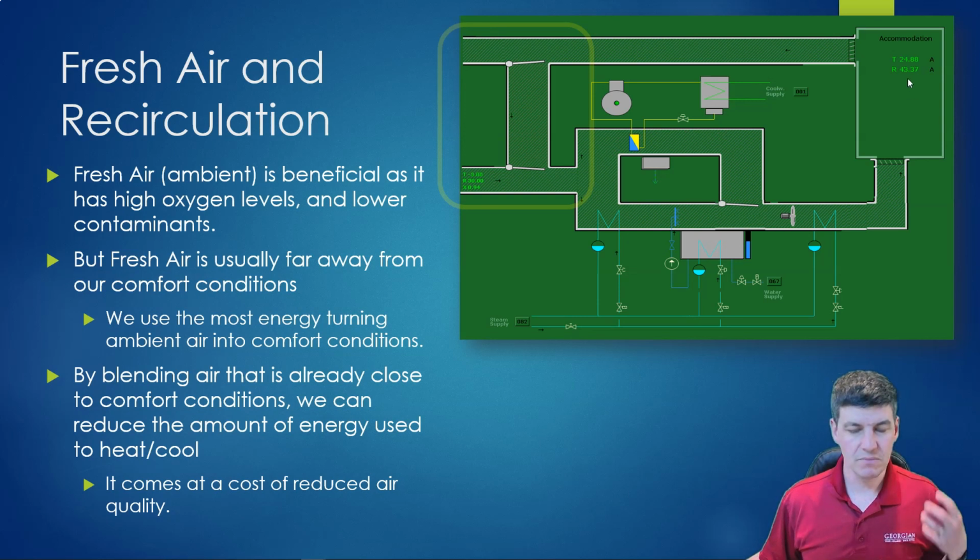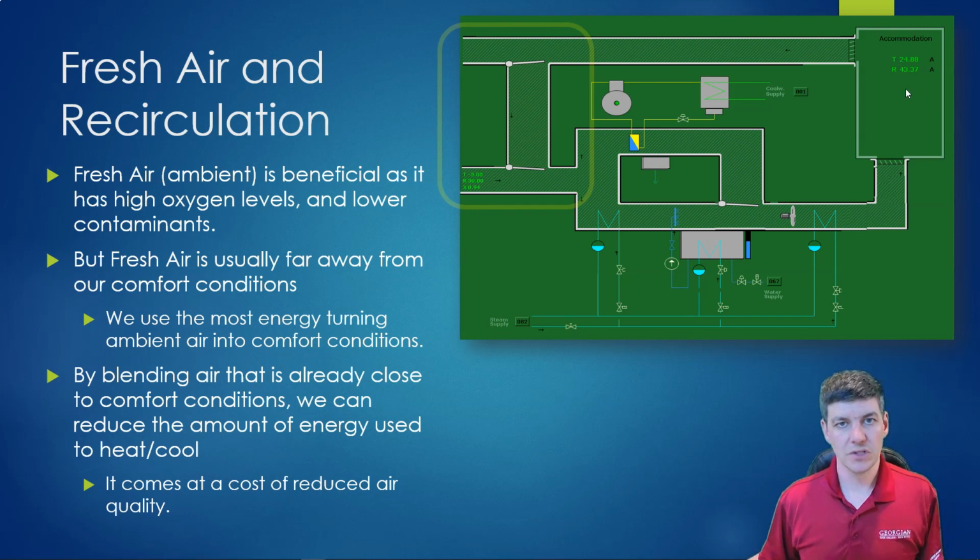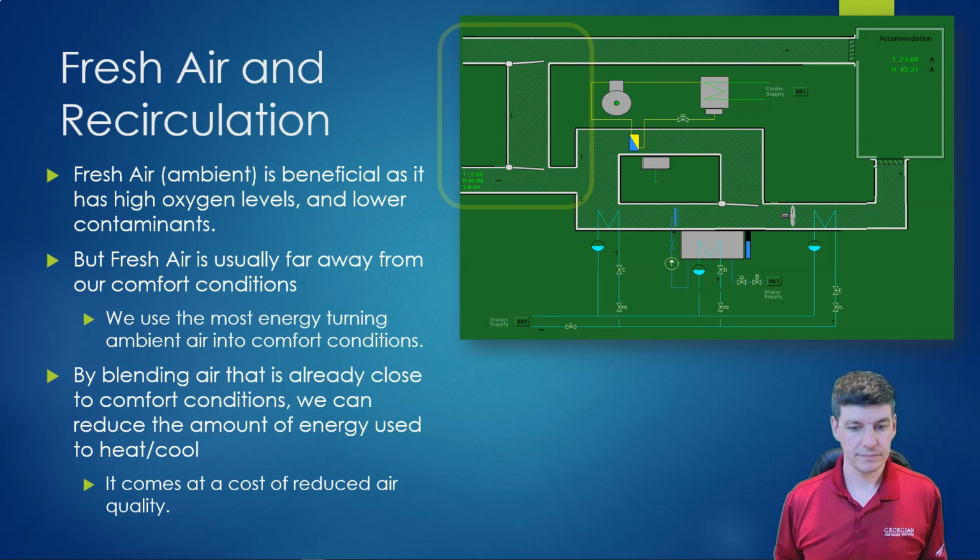And that's already pretty close to our comfort conditions. So in theory, we shouldn't have to expend as much energy in order to restore it back to its comfort conditions. It's already probably pretty close to begin with. And so we typically have a recirculation pathway in some of these systems in order to try to blend the right mix of fresh and recycled air inside of a system.